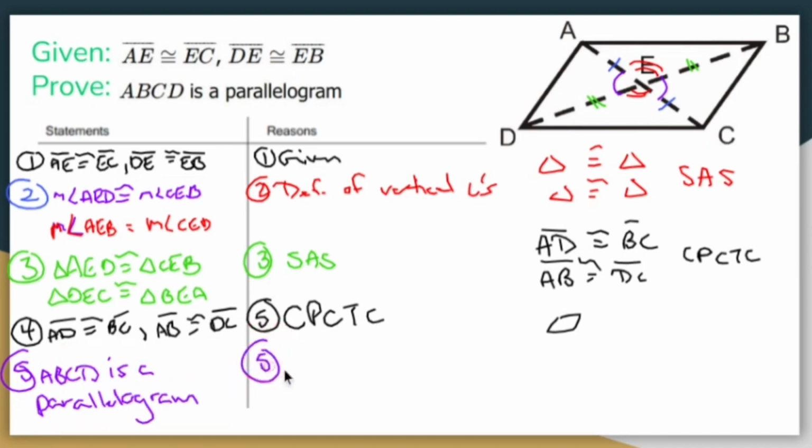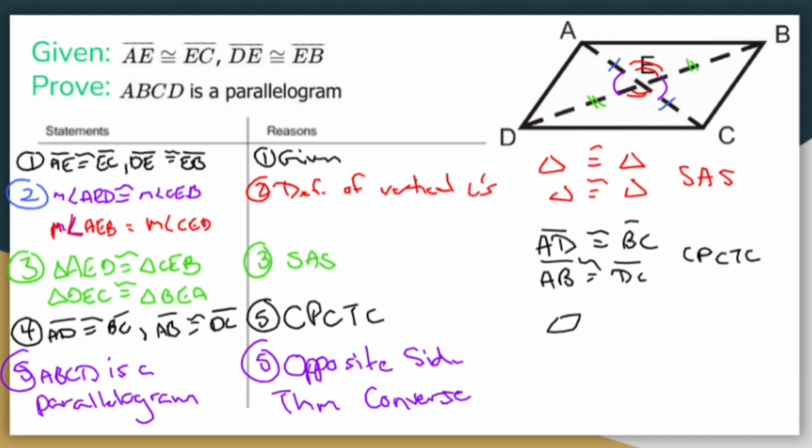And the reason for that was the opposite sides theorem's converse, which says that if opposite sides of a quadrilateral are congruent, then you have a parallelogram. Okay? So there you have it. This is a way that you could prove that a quadrilateral is a parallelogram. The opposite sides theorem converse.